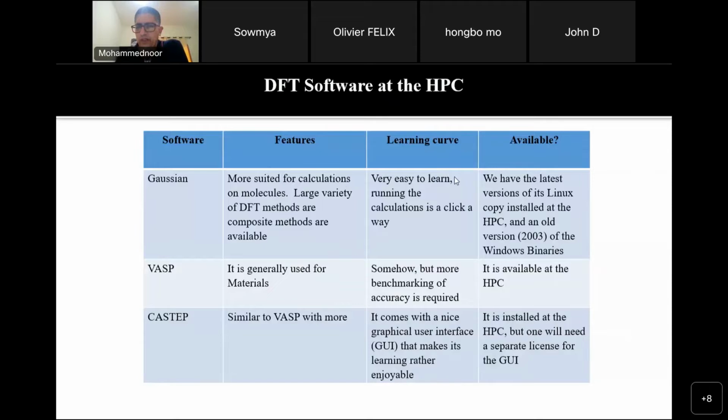Some of these software are very easy to learn, like Gaussian. Some of them need a bit of a learning curve, for example, VASP. But all these are Unix software. Gaussian comes in two versions, Unix and Windows. So if you are looking at molecules, you can use Gaussian. If you're looking at materials, you can use either VASP or CASTEP.